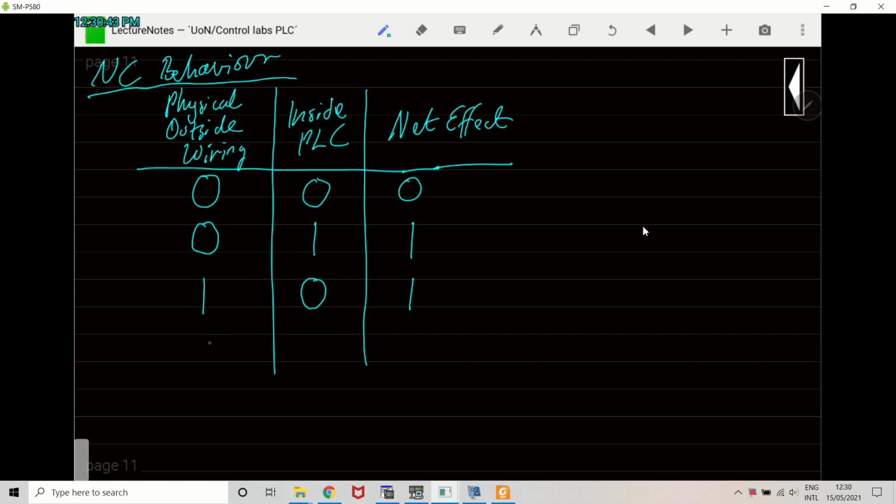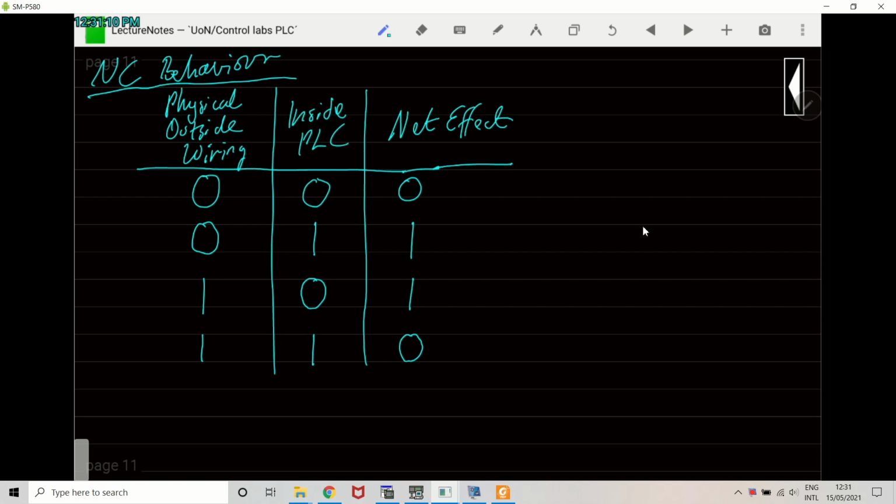And lastly, if outside the PLC my wiring is to a normally closed device or switch, and inside I also use a normally closed contact to represent that input, then the net effect of that will be normally open. You'd expect it to be normally closed, but it will be normally open. So it's like the normally closed inside reverses the action of the normally closed outside.